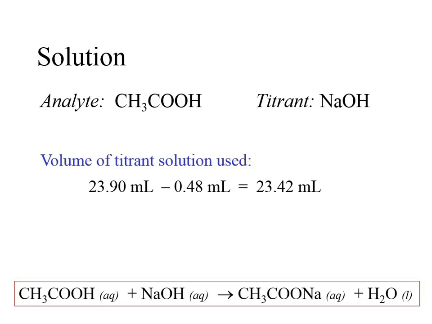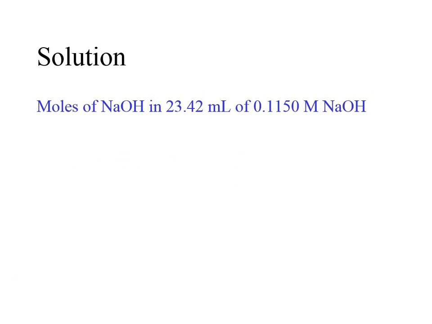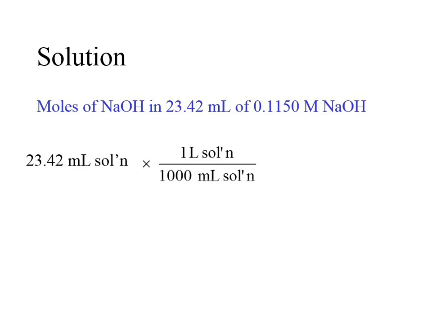So we're going to use that volume and the molarity of the NaOH to get moles. So here we go, moles of NaOH. It's that 23.42 milliliters over 1. Of course, we need to fix milliliters to liters using 1 liter over 1,000 milliliters as our next term.